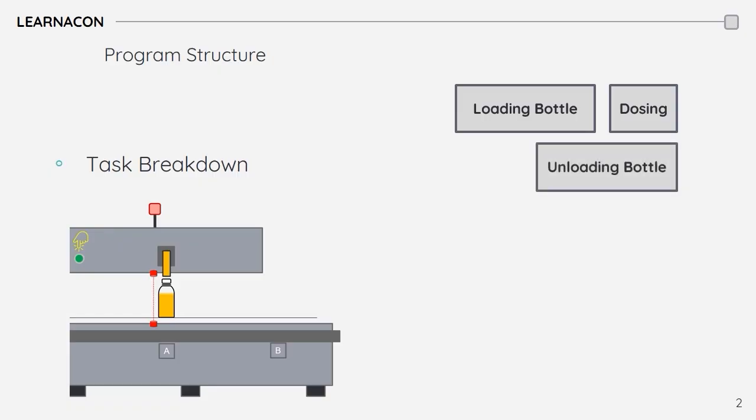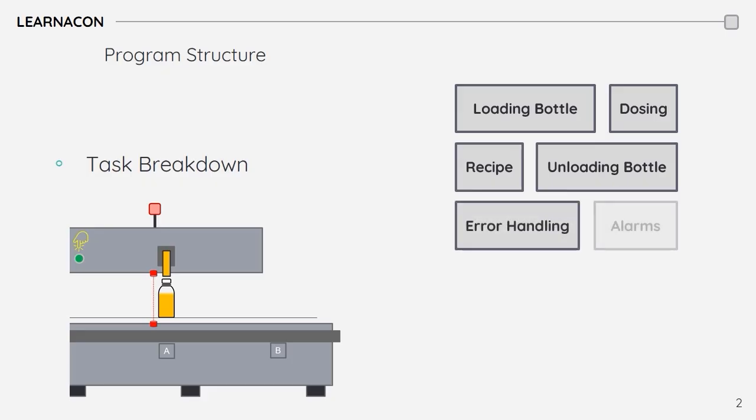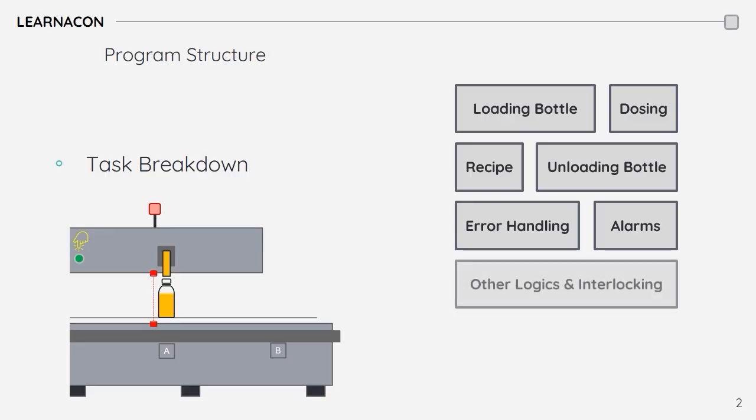However, we can identify some other tasks that may not be visible in the first place, such as recipe management, alarm and messaging, error handling, and reset procedure. You also need a task to implement the sequence by integrating other tasks.